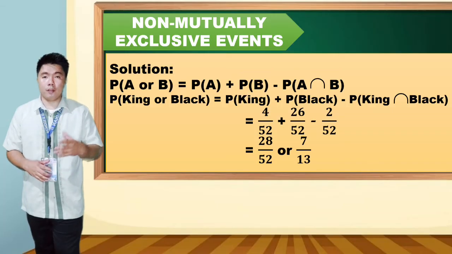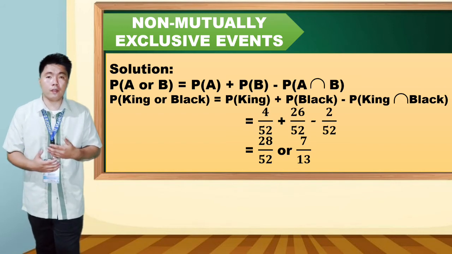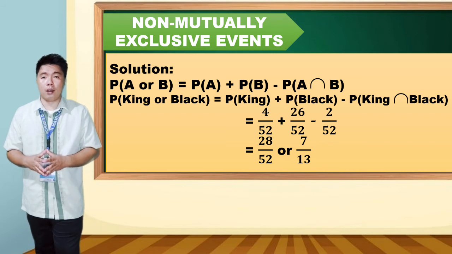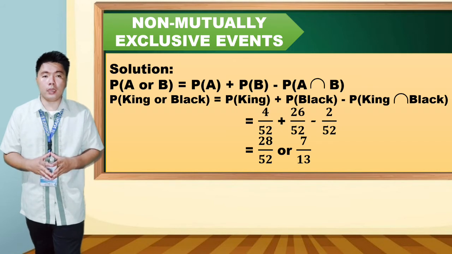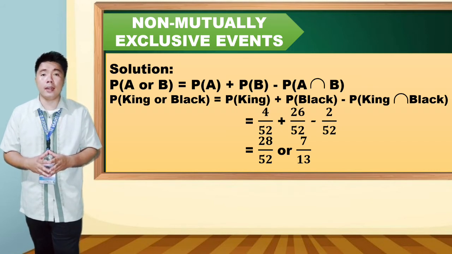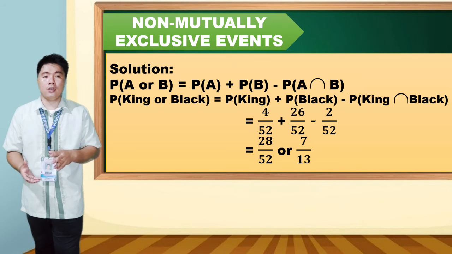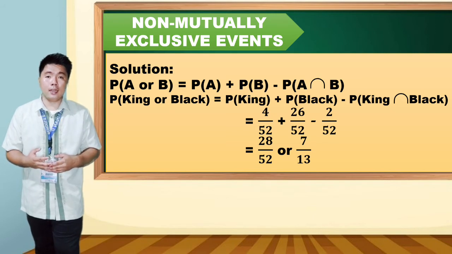Okay, by applying the formula, we have the probability of king. On the standard deck of cards, we have 4 kings, so that is 4 out of 52. Plus, on the standard deck of cards, we exactly have 26 black cards, so that is 26 out of 52. Minus the intersection, probability of a king intersection black. How many cards are a king and at the same time a black card?